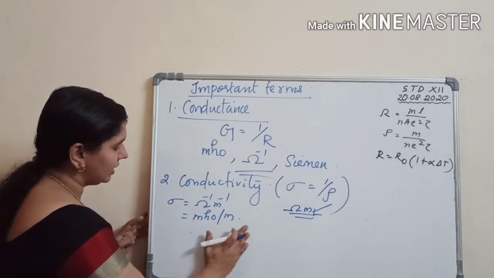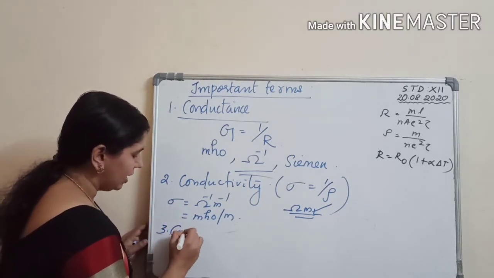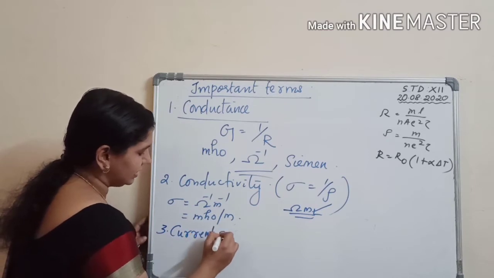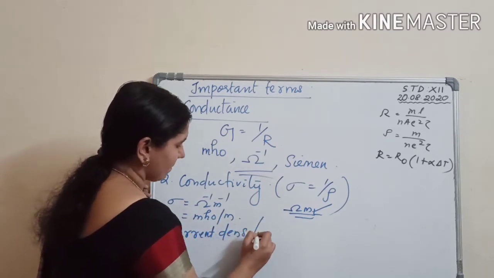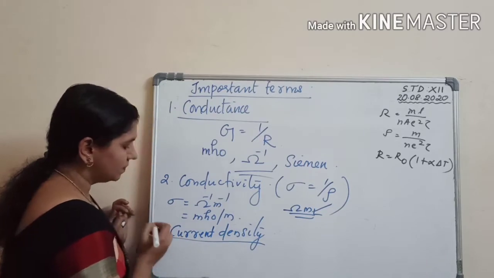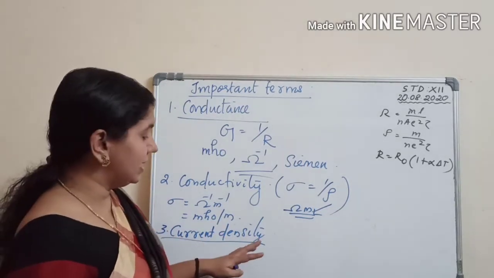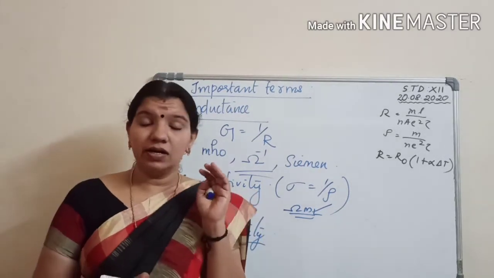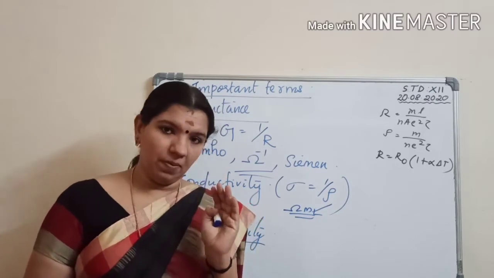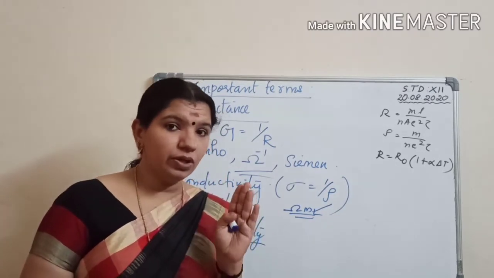Now the third one is very important, that is current density. Current density is the current flowing per unit area.